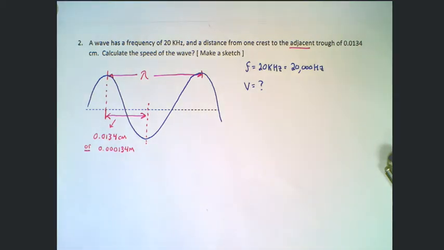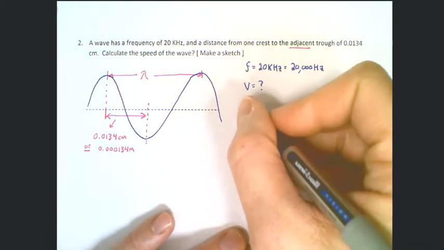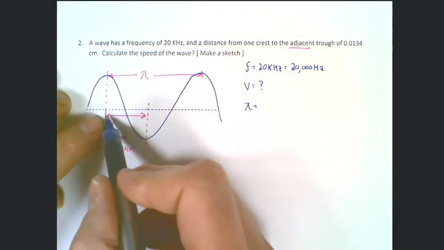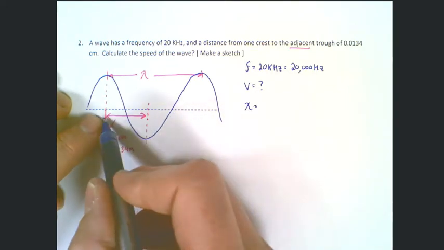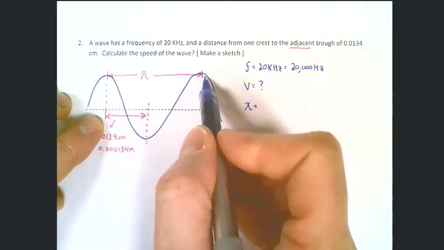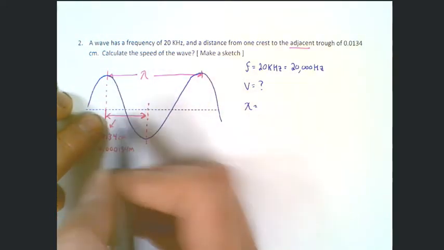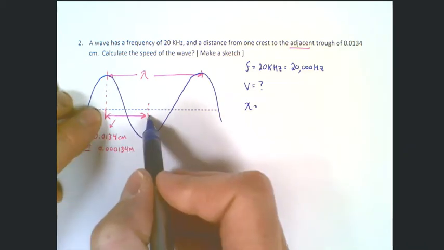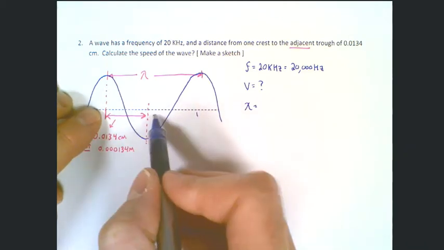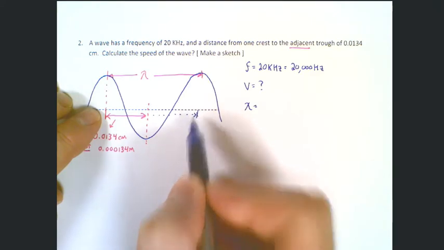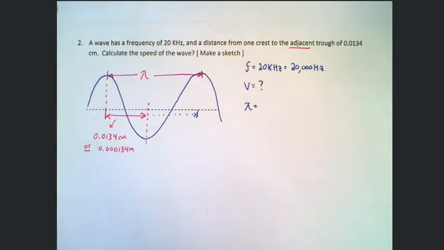Okay, so why would this information be given to us? This information is given to us because the wavelength is clearly not this distance. The wavelength is from crest to crest, and since we know from crest to trough is this much, we know that double that is the actual length of the wavelength.